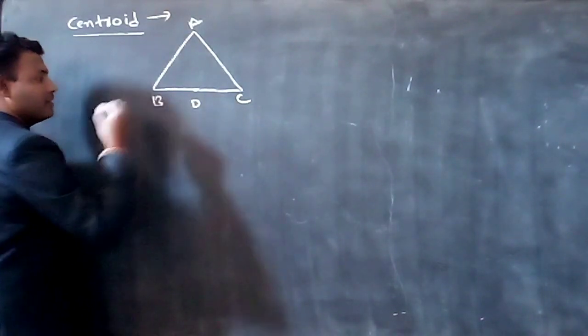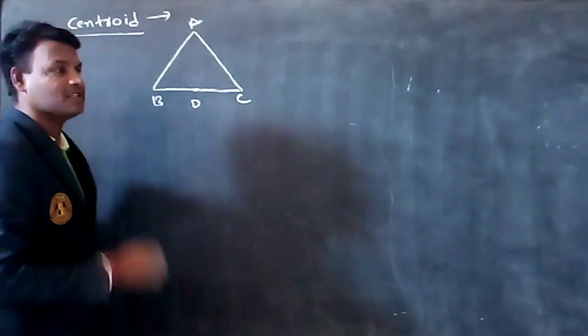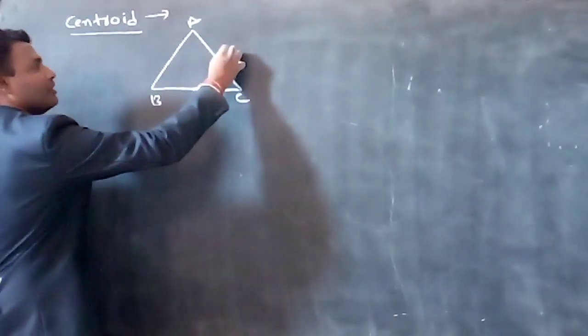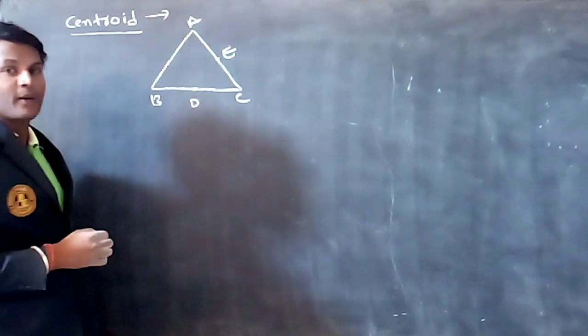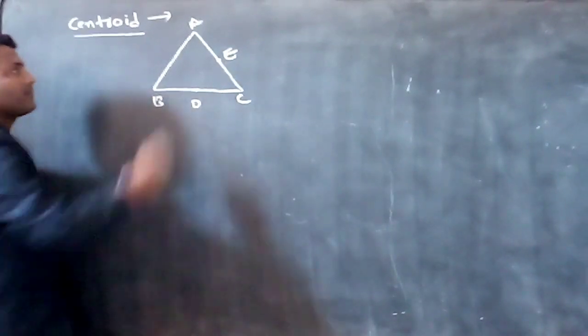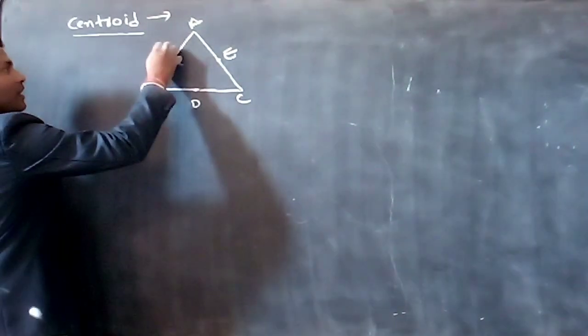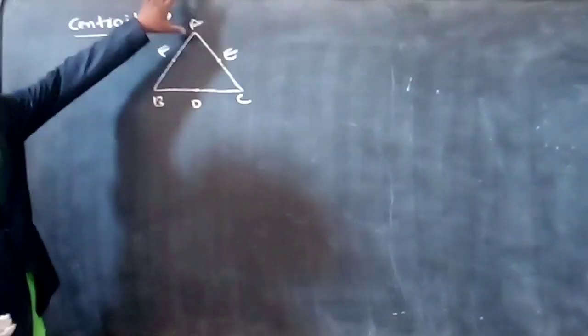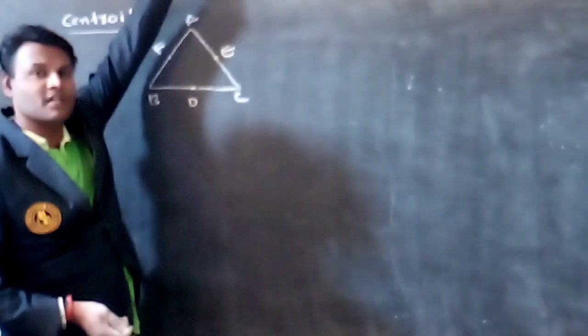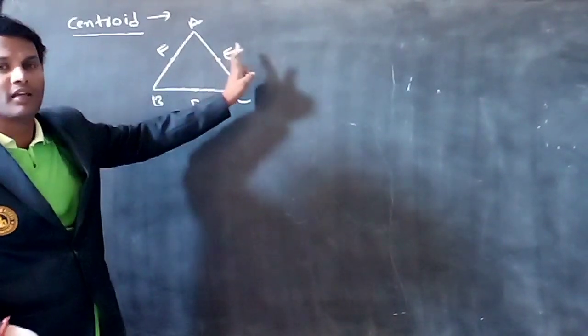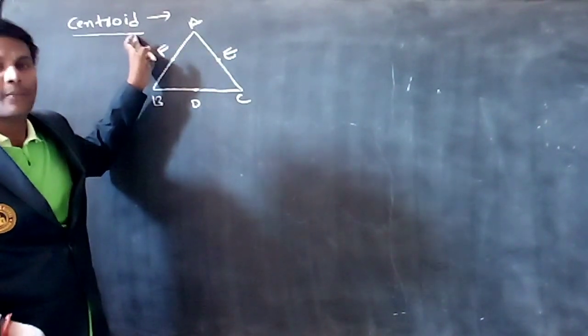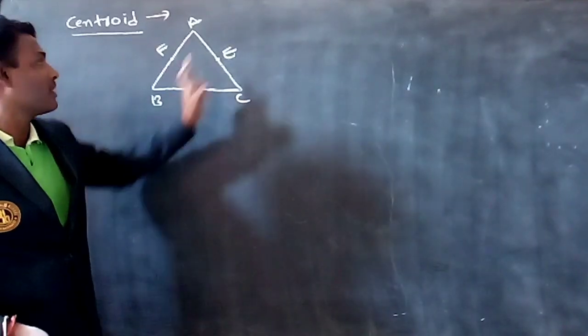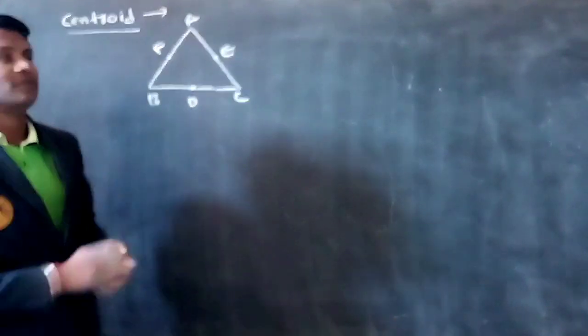D is a midpoint of BC, E is a midpoint of AC, and F is a midpoint of AB. So ABC is a triangle, and D, E, F are the midpoints of BC, AC and AB.